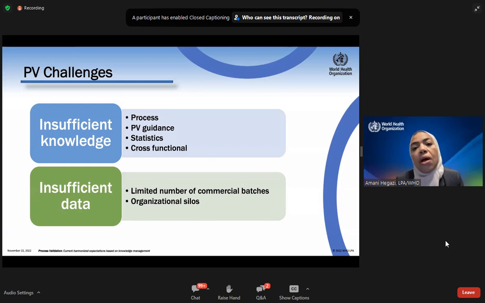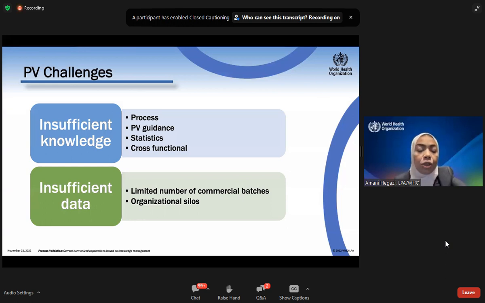Although the methodology of process validation is very well established, it remains limited and has certain challenges. Mainly insufficient knowledge. Especially in the development stages, we have insufficient process knowledge regarding the PV guidance, regarding the statistics, and a lack of process understanding.